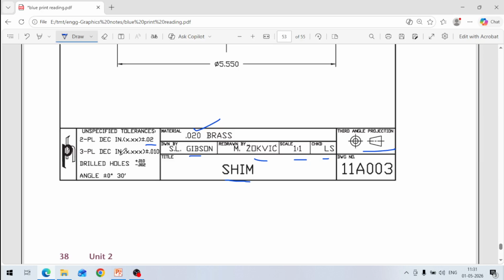For three place decimals, it is plus minus 0.01 inch. For drilled holes, it is plus 0.010 and minus 0.002. And angular tolerance is given as plus minus 0 degree and 30 minutes. These are the tolerances which are not specified in the component.